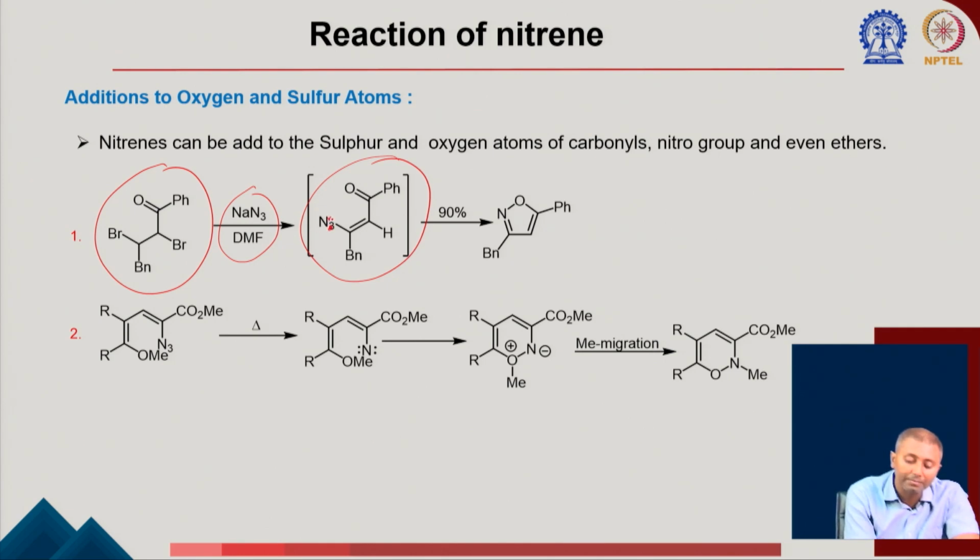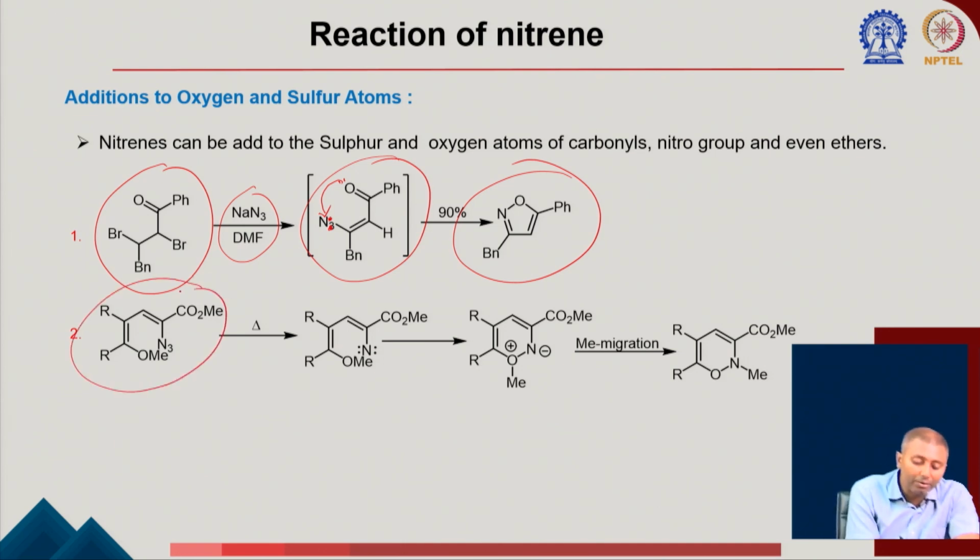And as you know, nitrenes are electron deficient, so the oxygen lone pair is going to give electron density into that empty p orbital, to finally form this type of heterocyclic compound, okay.